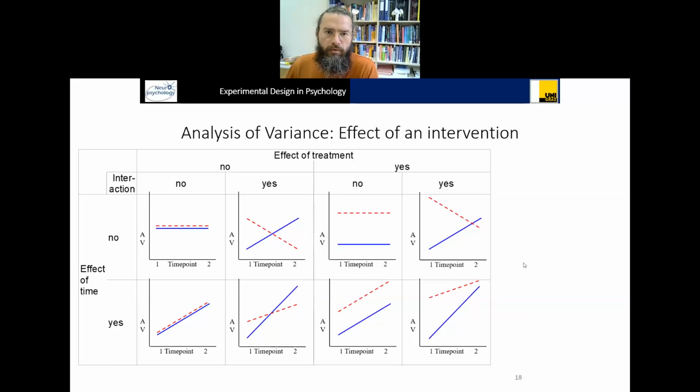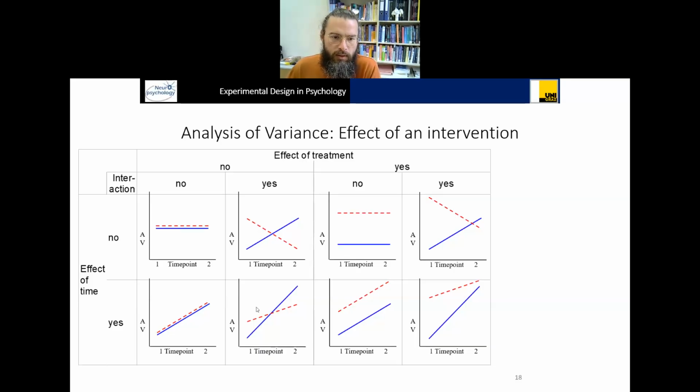So in many cases the main and interaction effects may not be specific enough, so you can still be interested in comparing pairs of data points complementarily. So to understand whether the difference is restricted to the pre-test or the post-test, or restricted to the effect of treatment in the pre-test or the post-test, or not.